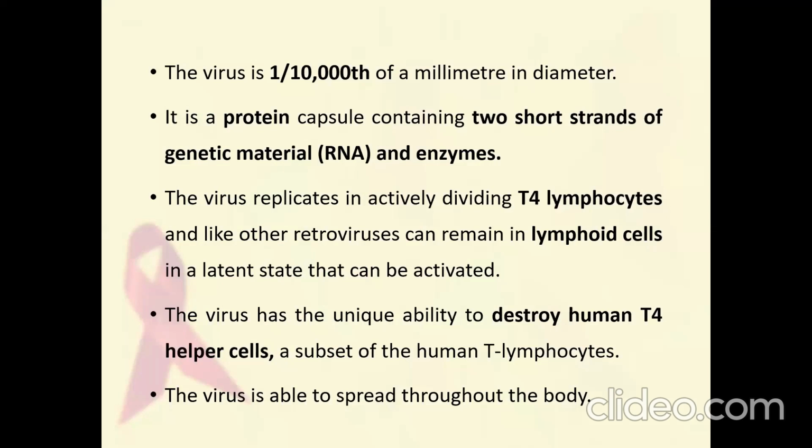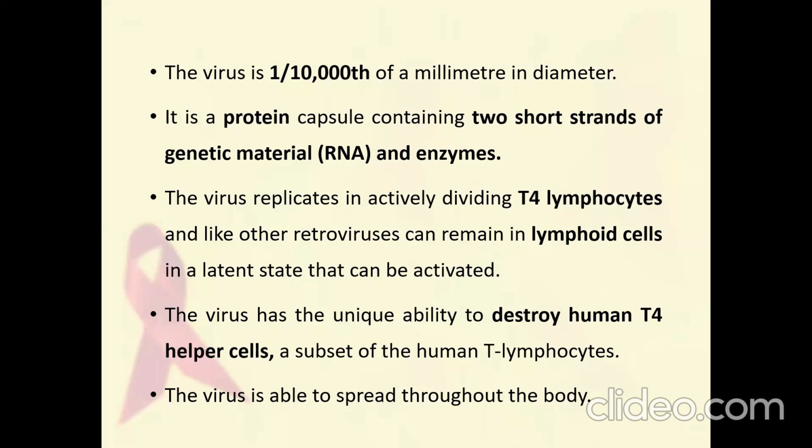The virus is 1/10,000th of a millimeter in diameter. It is a protein capsule containing 2 short strands of genetic material, RNA, and enzymes. The virus replicates in actively dividing T lymphocytes, and like other retroviruses, it can remain in lymphoid cells in a latent state, that is an inactive phase, that can be activated.